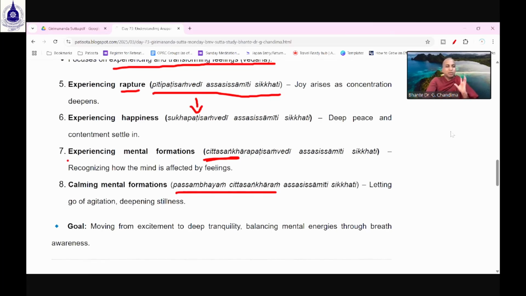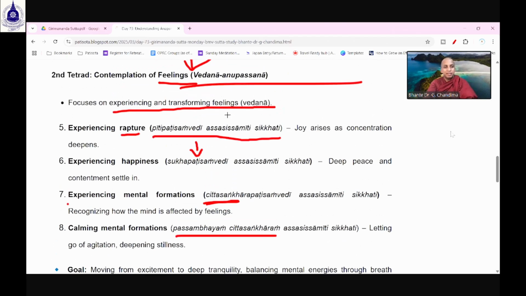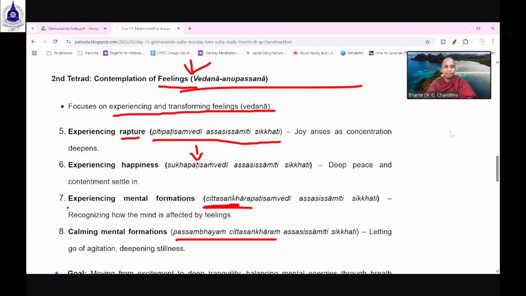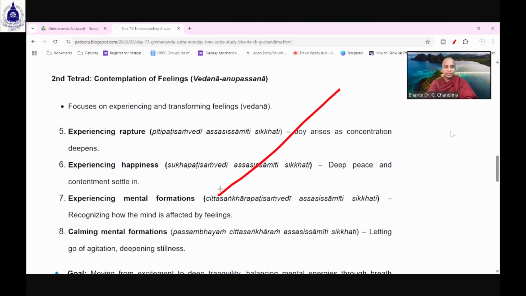So, you are going to feel your mental formations at this point in the third step in the Vedananupassana. What are the mental formations? You cannot see it here. Mental formations are, there are two. One is Sanya, the other one being Vedana.